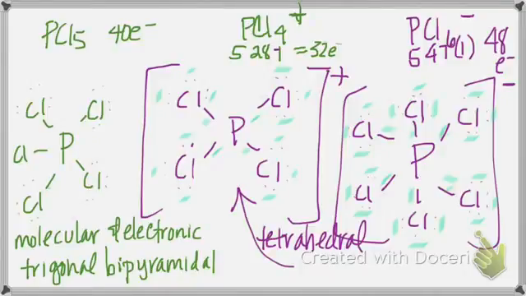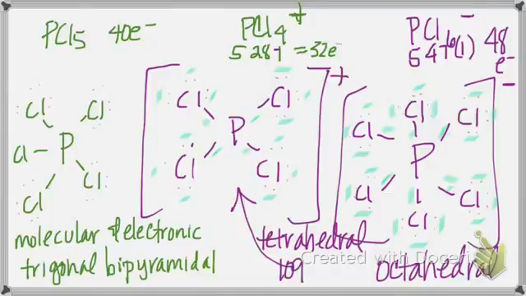So this structure has 6 things bonded to it and no lone pairs, so both its electronic and molecular geometry are going to be octahedral. As far as bond angles, tetrahedral is going to be 109.5.